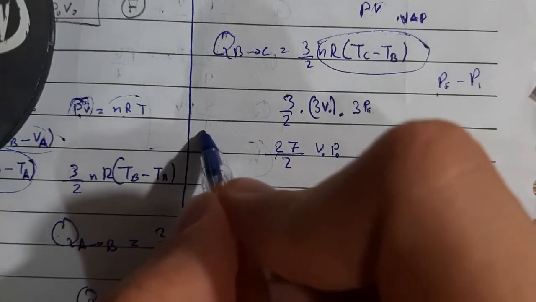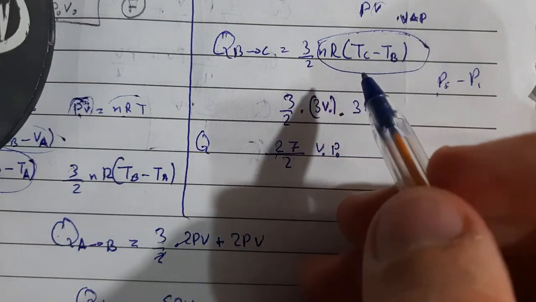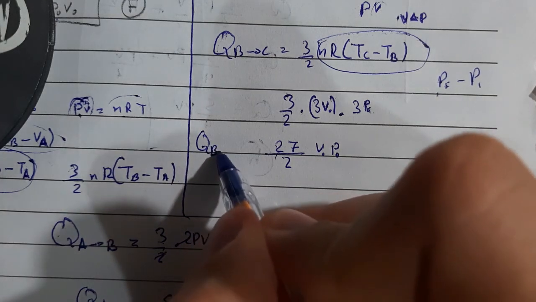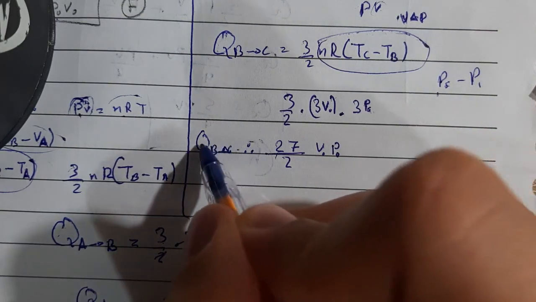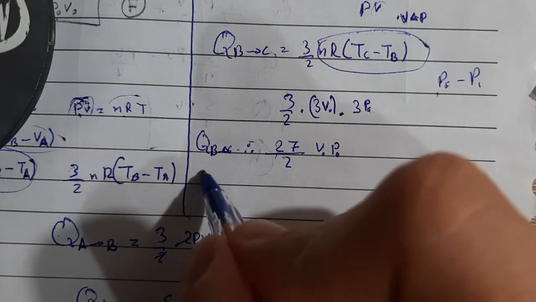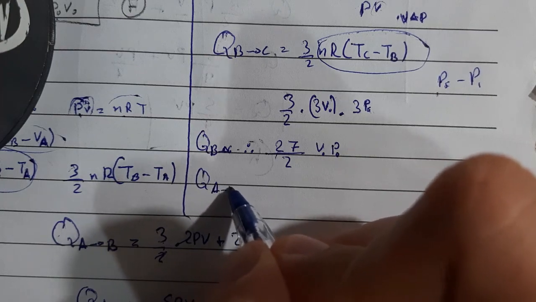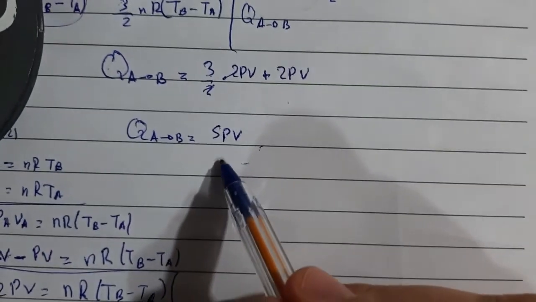Now remember, I'm going to do it the other way just to make sure, but this one is the heat in from B to C. Remember, from A to B we found it was 5P0 V0.